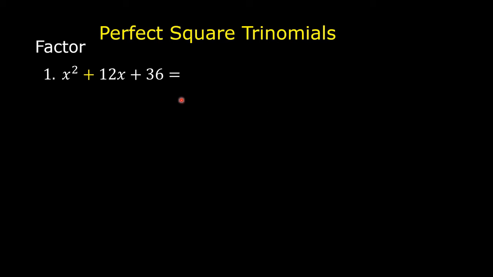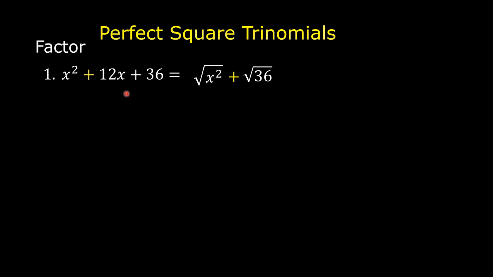This is equal to, the first thing to do, find the square root of the first term, then plus the square root of the third term. Square root of x squared plus the square root of 36.